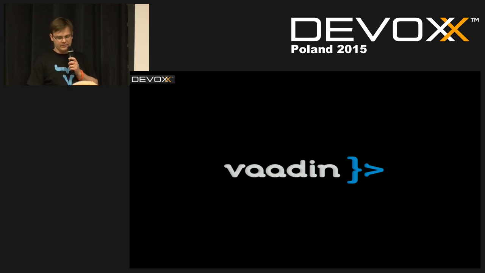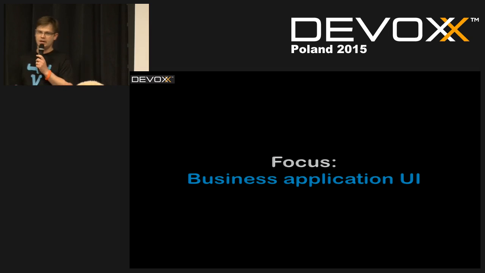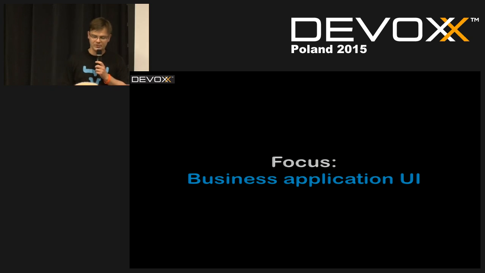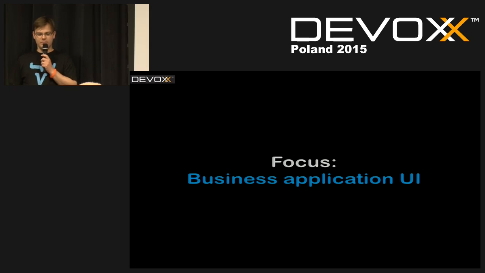But let's think about Vaadin itself. What we are trying to achieve with the framework. We want to build a framework that will allow you to easily build business applications UI, and we want to help you with making those UIs look great, perform great. And that's of course a mouthful, and it's not clear what we're talking about.